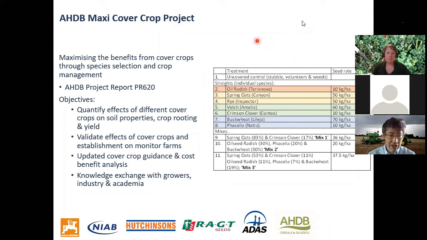We looked at a whole range of different effects on the crops, soil properties, crop rooting, and yields and margins. So I won't go through it all.